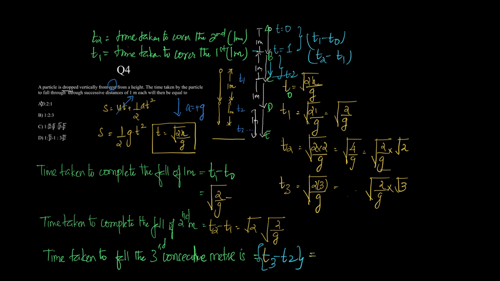And what is t3? We have it here: root 3 into root 2 by g, minus, what is t2? T2 is this value, which is root 2 into root 2 by g.